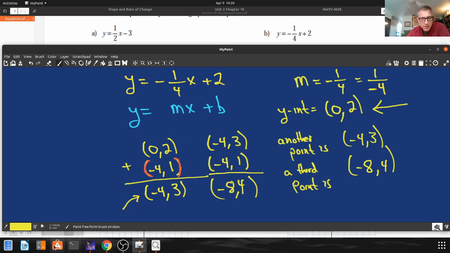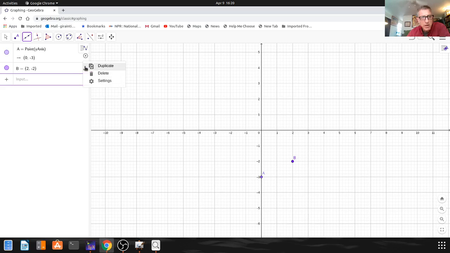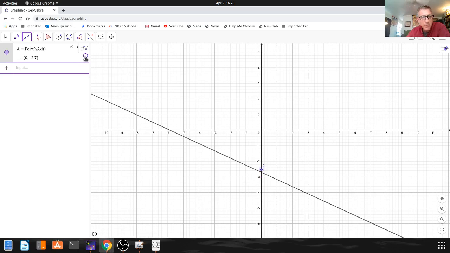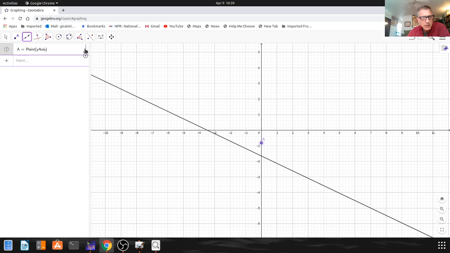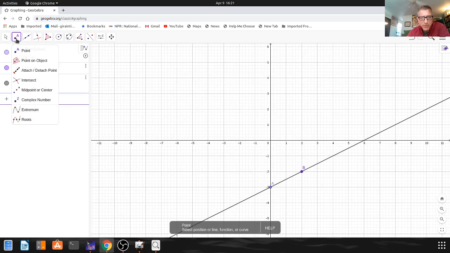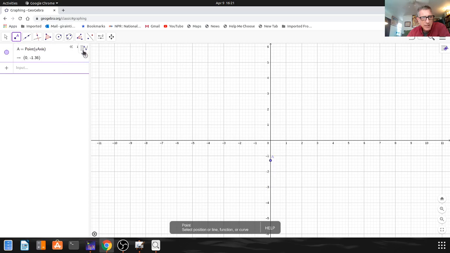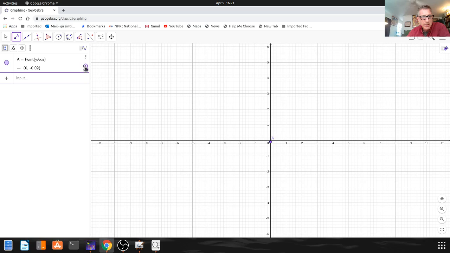I'm just going to do this in GeoGebra, and I'm assuming that you all are good enough that you can duplicate what I'm doing here in that little bitty graph you have. So I need point. I don't know why it did that. I've not really learned the ins and outs of this thing. Oh my gosh, it's playing. That's weird. It made a little animation there.